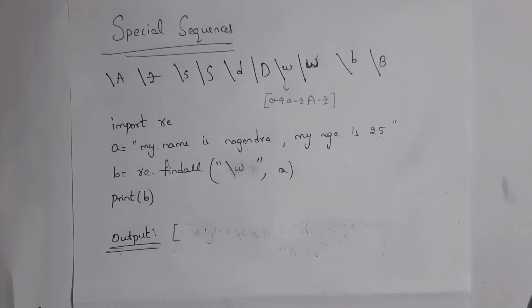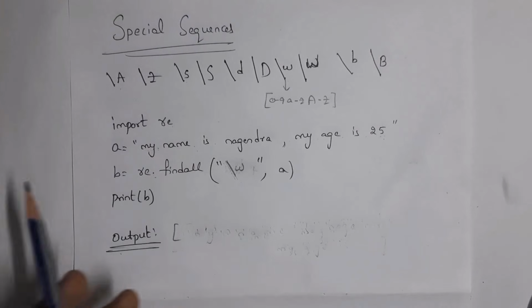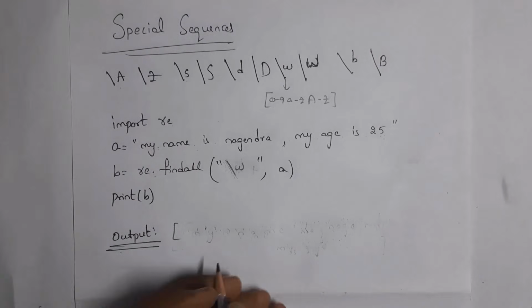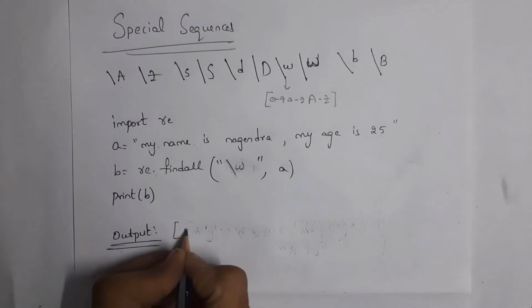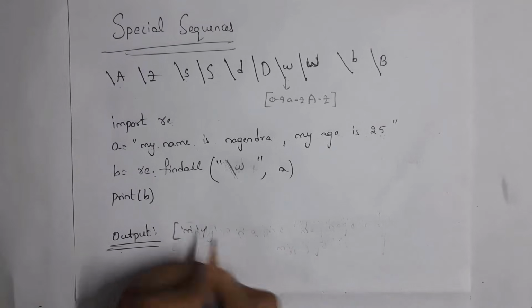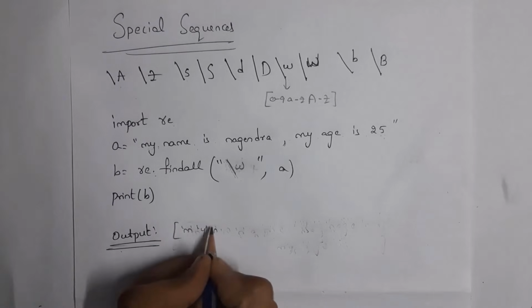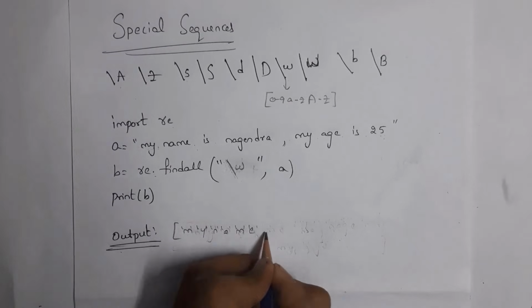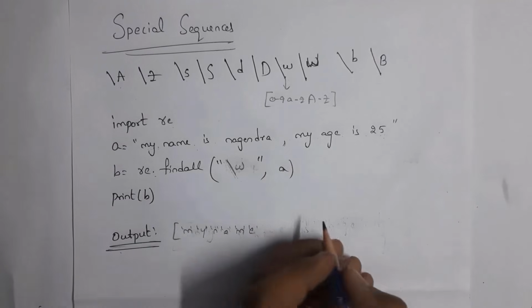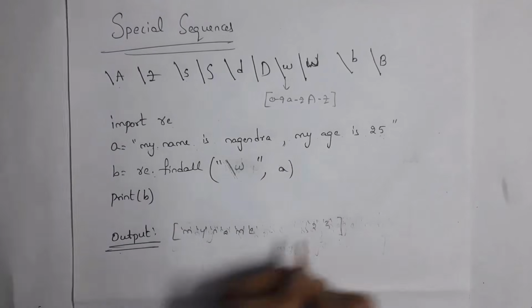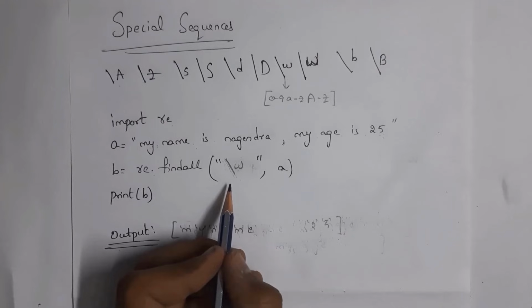So I will get the output, my name is Nagendra, my age is 25, except space and comma, and it will print each character in single quotations. So I will get m in single quotation, y in single quotation, and it will avoid space. The next one is n, a, m, e, and so on. It won't print comma and it will print until 2 and 5. This is my output. This is the use of backslash small w.